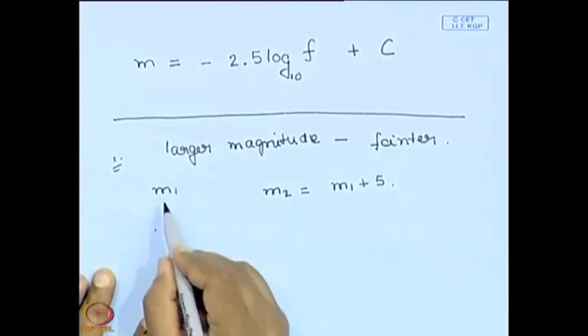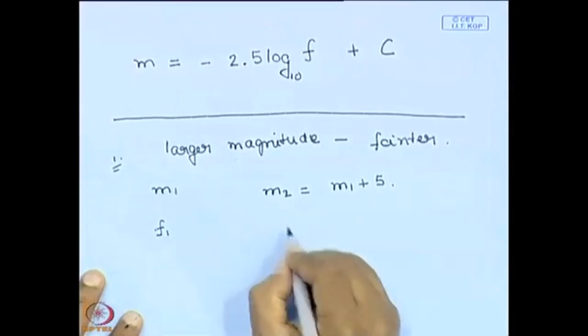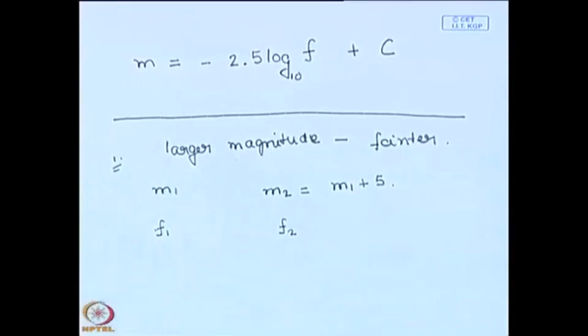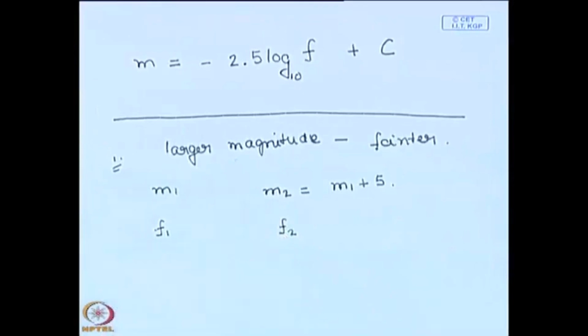There are 2 sources, 1 and 2. Let us say that this has a flux F1 and this has a flux F2. The question is, what's the relation between the flux of the first source and the flux of the second source? There are 2 sources. So this is quite straightforward.